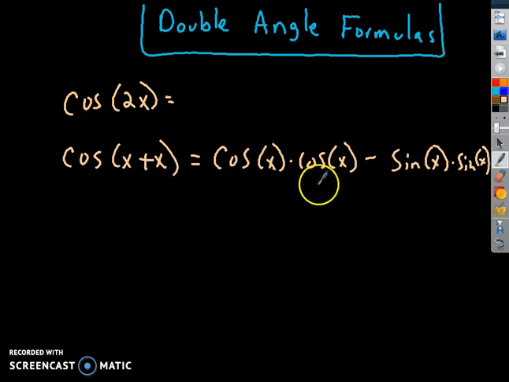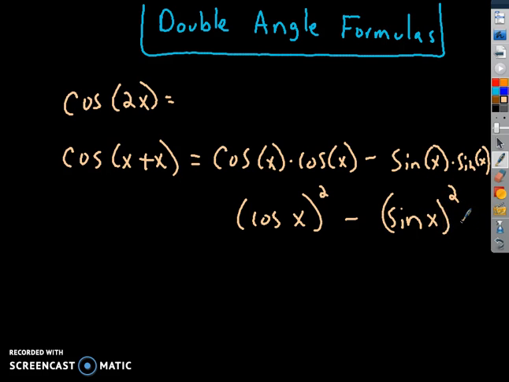Cosine of x times the exact same thing is cosine squared, so you can think of this as cosine of x squared. Subtract sine times sine, which is the same thing times itself, sine of x squared. One of the identities says that if I have this thing being squared, I can simplify it and call it cosine squared x, subtract sine squared x.